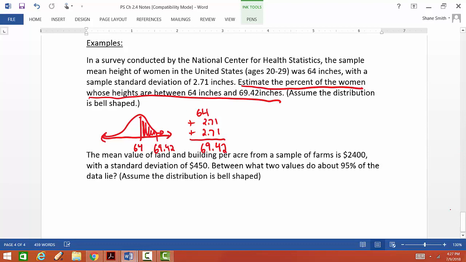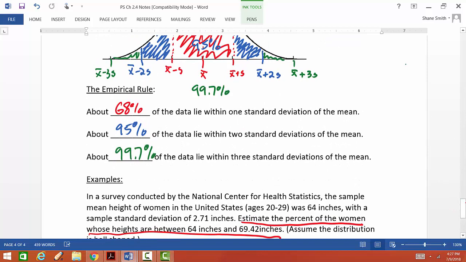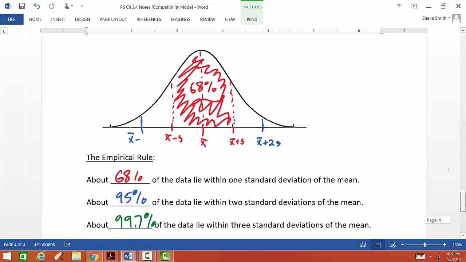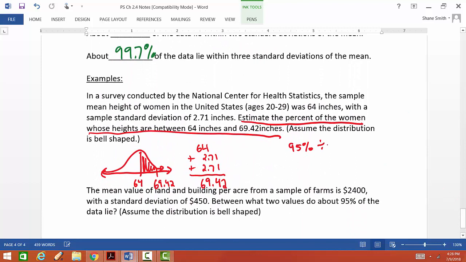Well, we know from our empirical rule that 95% is within 2 standard deviations. But we can't stop there because this is only one side of the mean. The blue area is on each side, so we have to cut that in half because we're only concerned about one side. So 95% divided by 2 is 47.5.